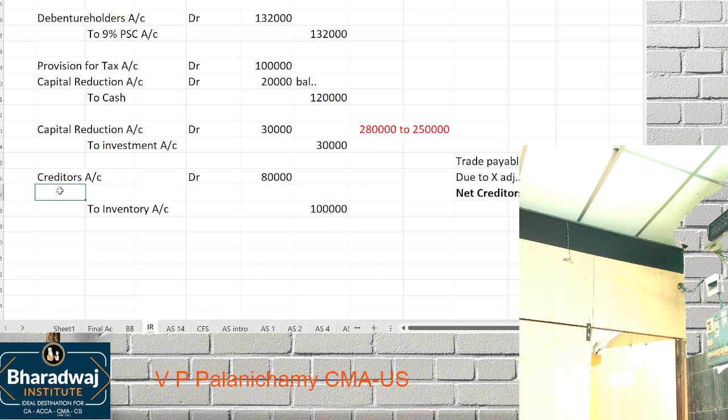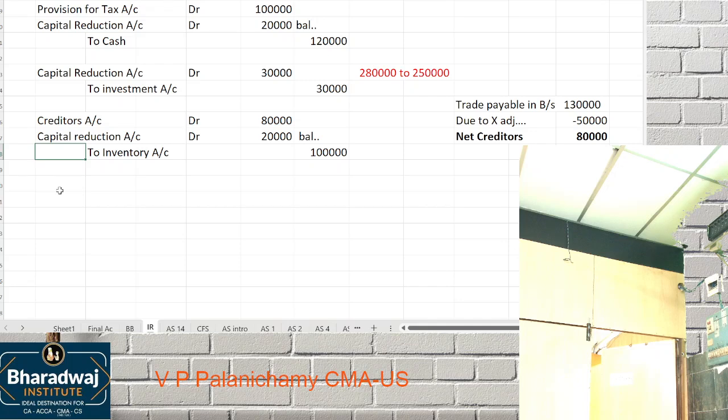So the balancing figure is capital reduction.